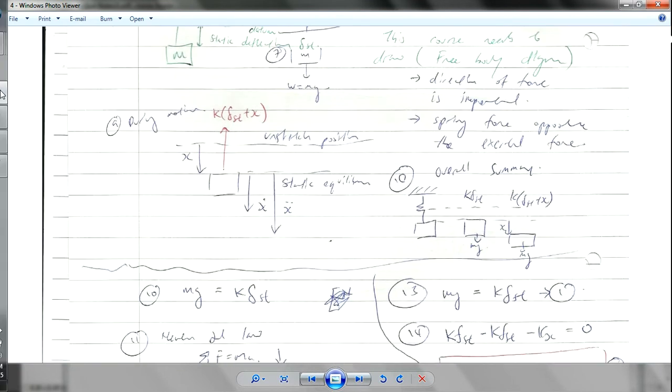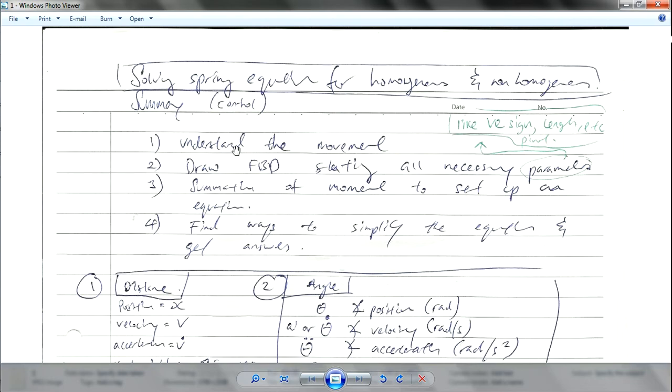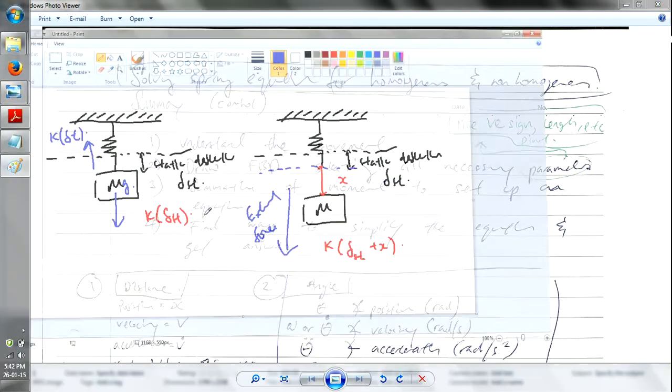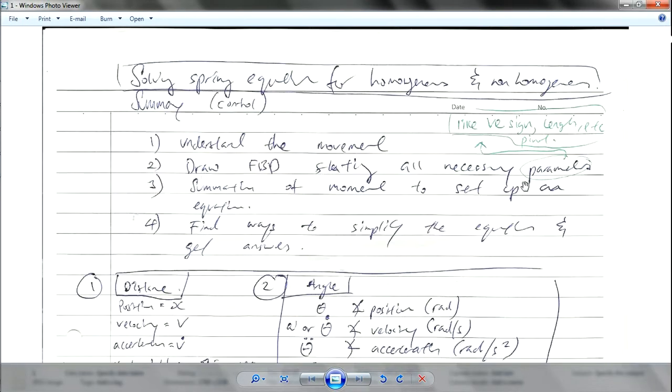This is actually the lesson 2 one, but I just want to put it here. For analyzing certain things in dynamics, you have to first understand the movement. As we know, we already understand the movement over here, and then we start to draw the free body diagram.